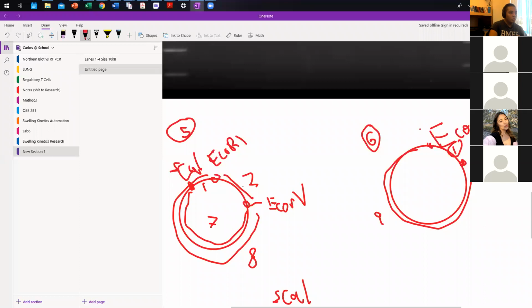These separations are just estimates for the explanation. It's really messy, but this is all I have to explain. For sure, the distance from here is going to be the same regardless of where you draw the cuts. The distance between these two is going to be the same regardless of where you draw the cuts. Same thing for the distance between EcoRV and Scout. But drawing all 3 helps you get an idea of where to draw them relative to each other.